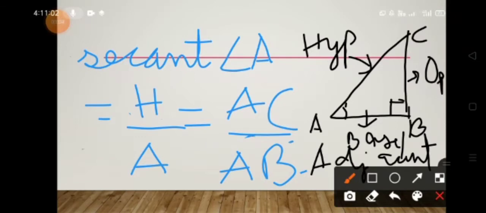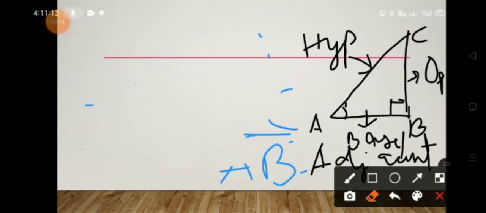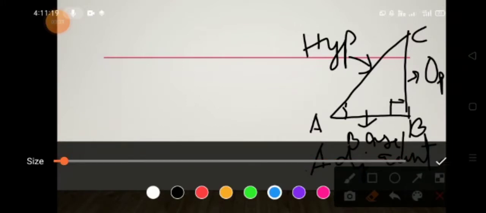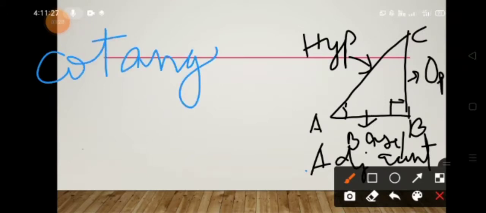Now next we have the last one. What is it? Let me write all together. It is cotangent. Okay, we saw tangent before, now it is cotangent.